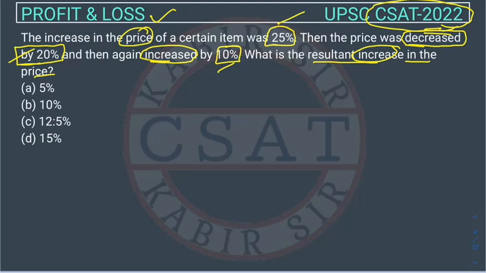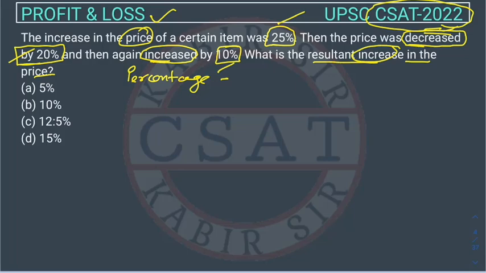Okay. So see, profit and loss questions we can directly do using the concept of percentage, right? So there is no need to learn new concept of profit and loss, because most of the questions you can do simply by using the percentage concept. So here I will try to solve all these questions using percentage concept only, right?